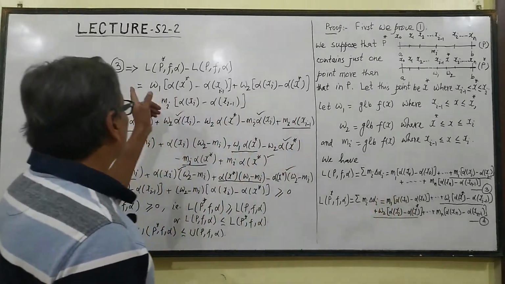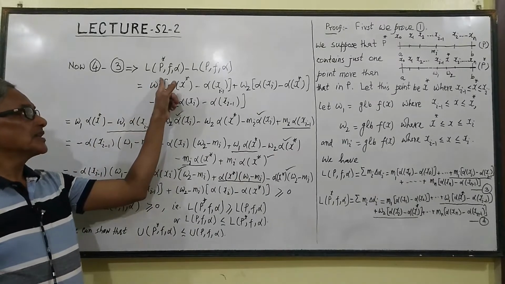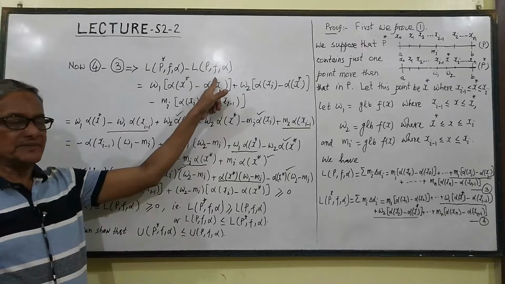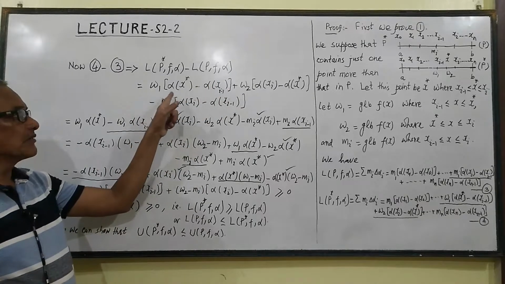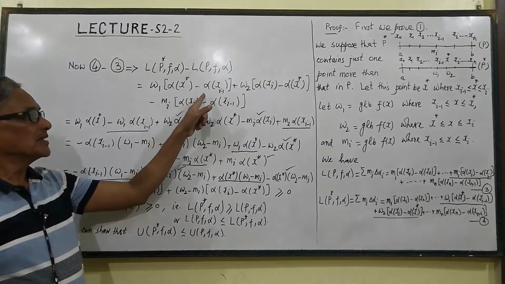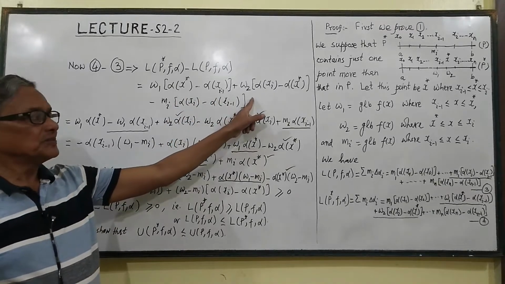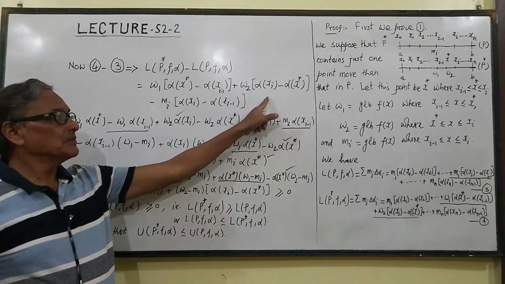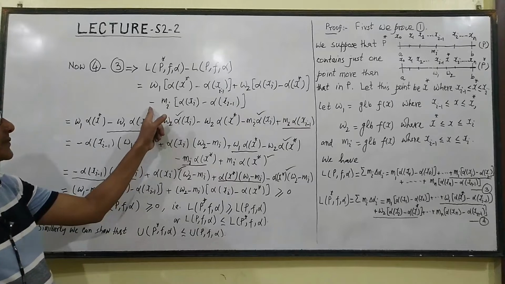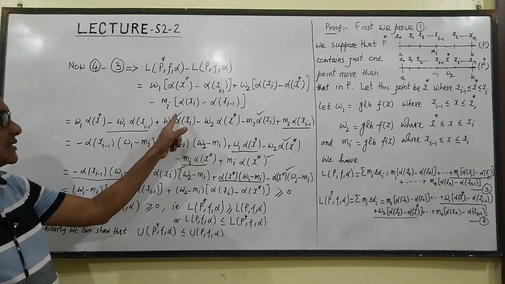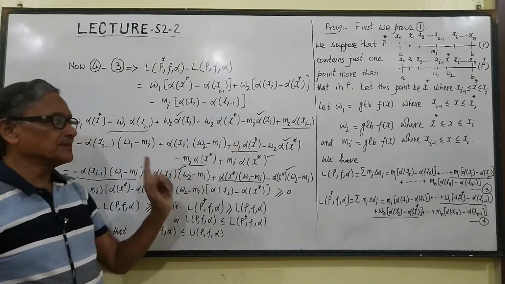So now 4 minus 3 implies LP star F alpha minus LP F alpha. This will be equal to W1 [alpha x star minus alpha xi minus 1] plus W2 [alpha xi minus alpha x star] minus mi [alpha xi minus alpha xi minus 1].